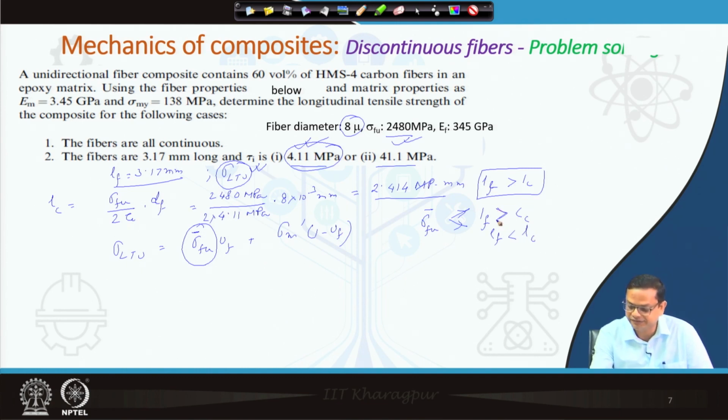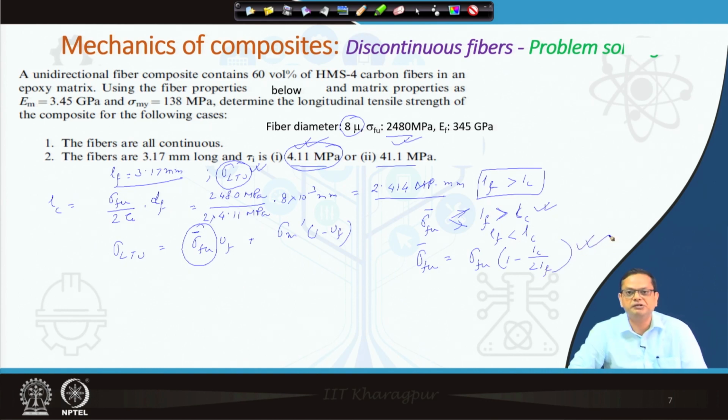In our case, L_F is more than L_C, so we use this equation: sigma_FU average is equal to sigma_FU multiplied by 1 minus L_C over 2 L_F. We found this equation in the last class, for L_F more than L_C.